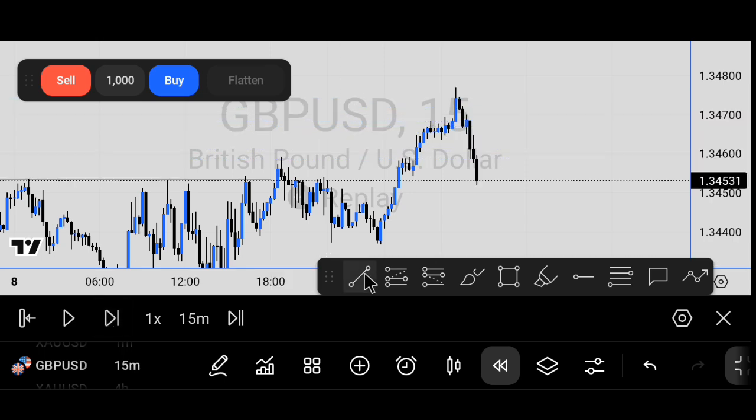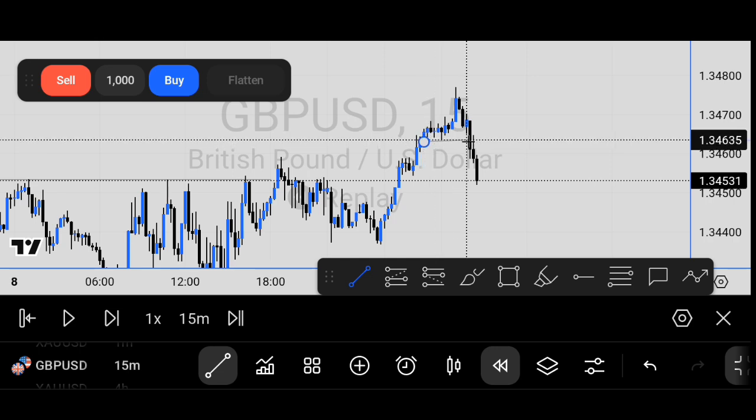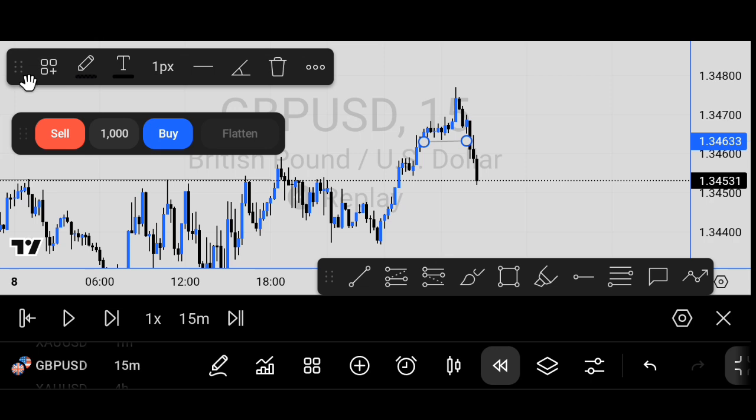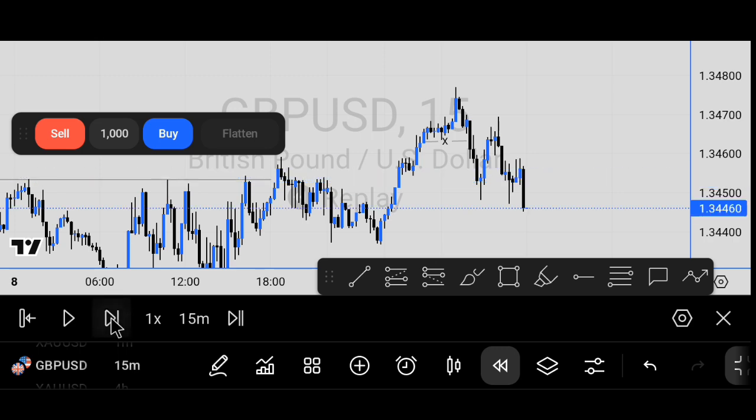right here, price took out inducement, and then we wait for our internal change of character, which price also did right here.